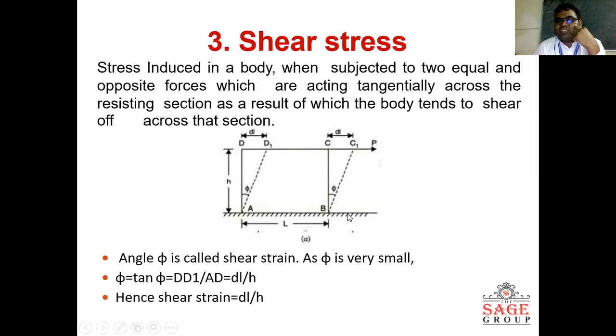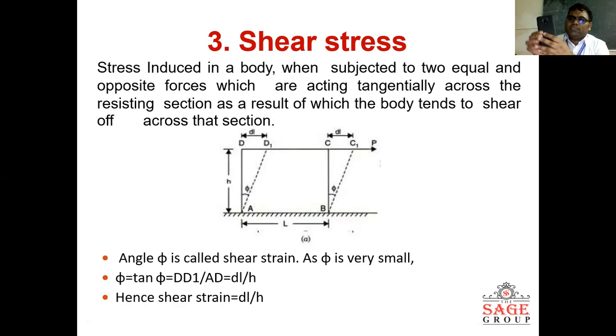This element part experiences some kind of stress, supposing this base is fixed, so the upper part experiences what is called the shear stress. The applied load is always parallel to that particular resisting area, tangential or parallel across the resisting area, which tends to shear it across this section. I think you are getting my point.